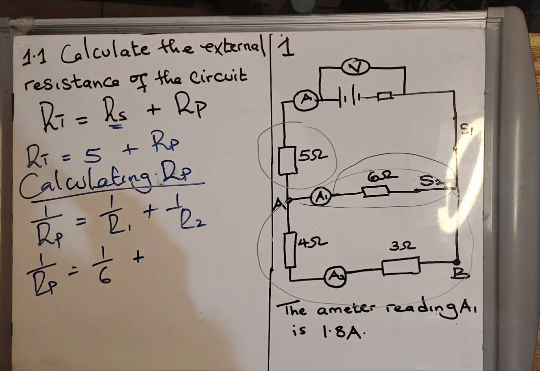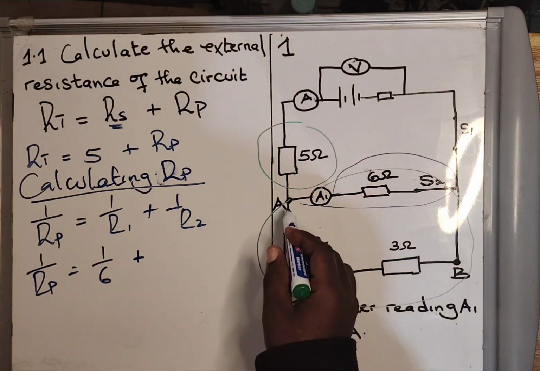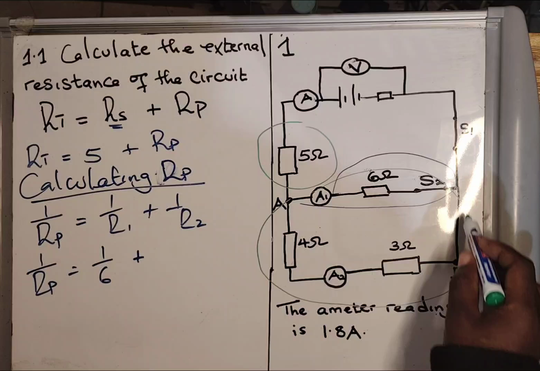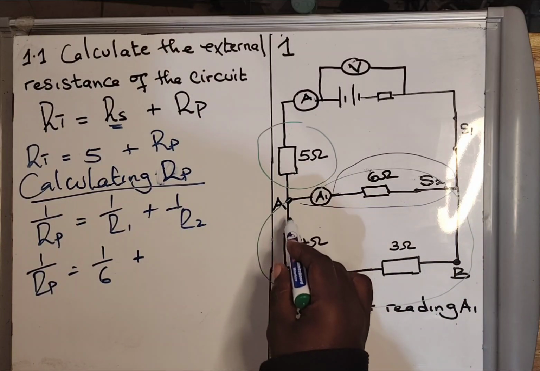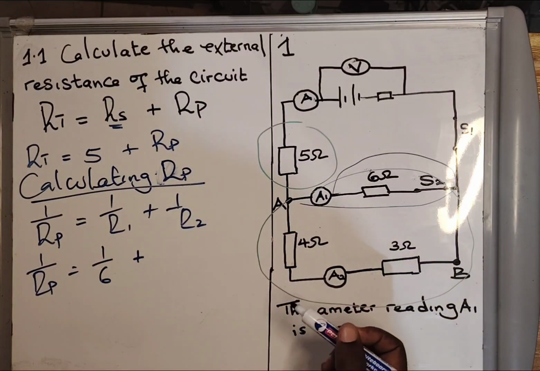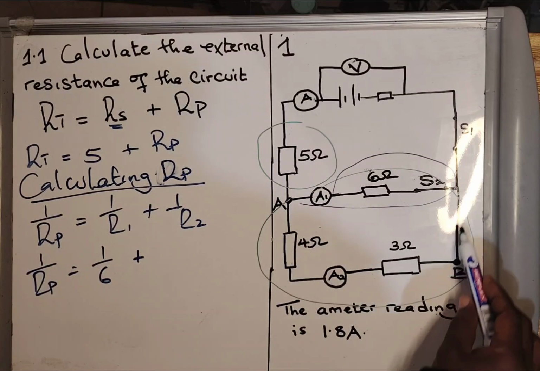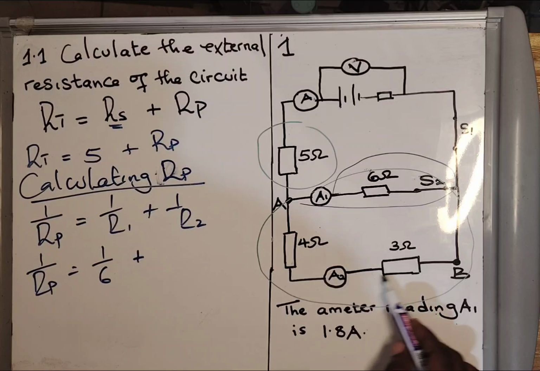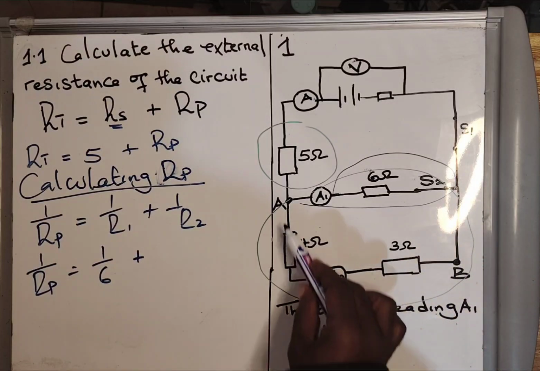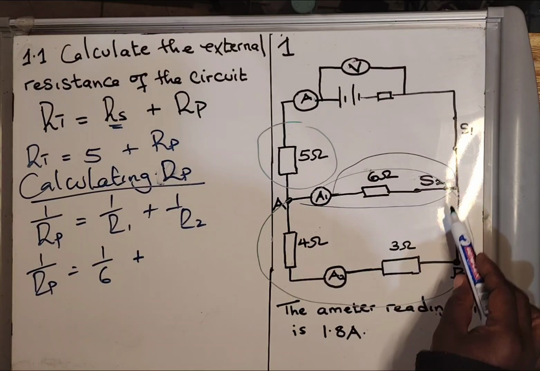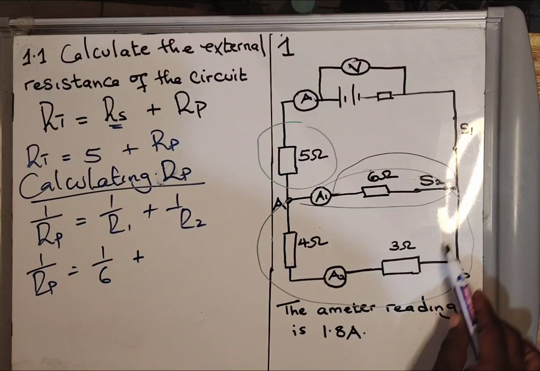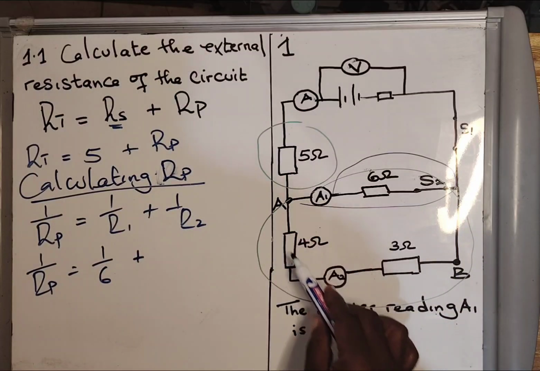Then we have a problem. We have this branch of the parallel connection, and it has these two resistors. How do we deal with them? Now, if they are in the same line, they are in series. And what do we know? We know that resistors in series are additive to get the final resistor.